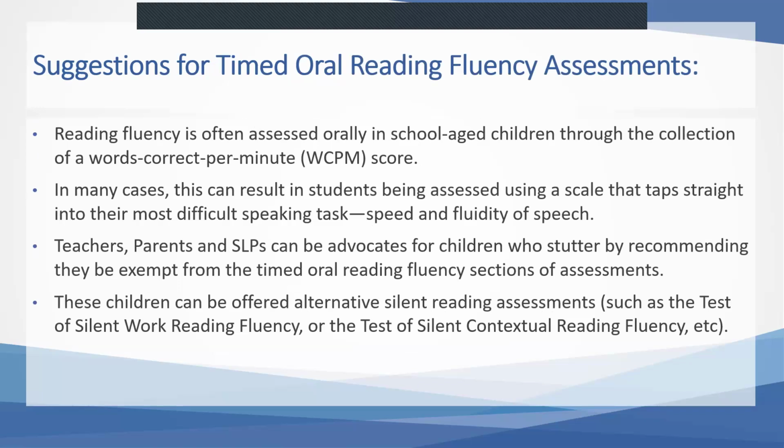In many cases, this can result in students being assessed using a scale that taps straight into their most difficult speaking tasks, including speed and fluidity. So teachers, parents, and SLPs can be advocates for children who stutter by recommending they be exempt from the timed oral reading fluency sections of assessments.